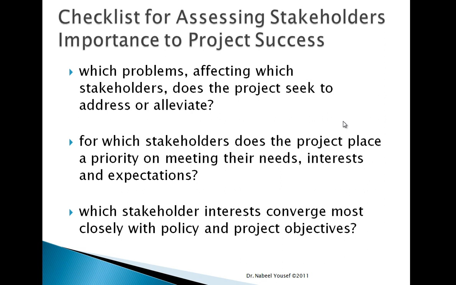The second: which stakeholder does the project place priority on meeting their needs, interest, and expectation? And the third is which stakeholder interests converge most closely with policy and project objectives. So we have this checklist, we go through it and make sure that we did address this in the table.